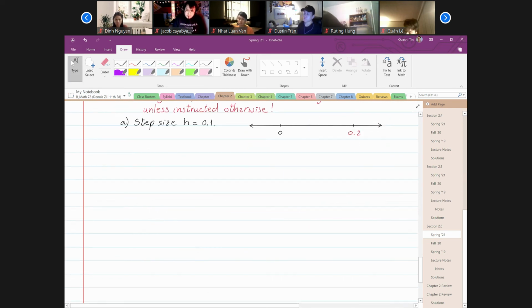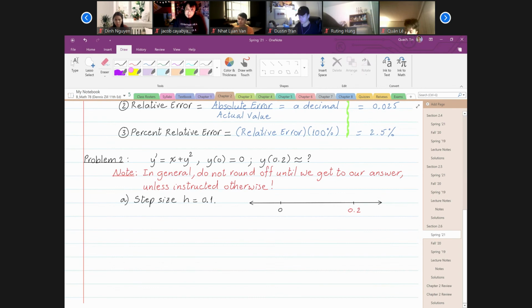Okay, so in this case you have an initial value problem. Let's identify the different things here. This is your x naught, this is your y naught, and that is your function f of x, y. And this 0.2 is your x sub n, which is a.